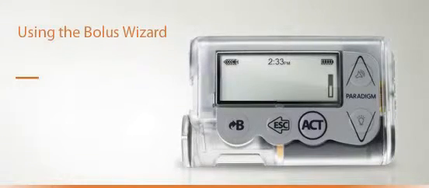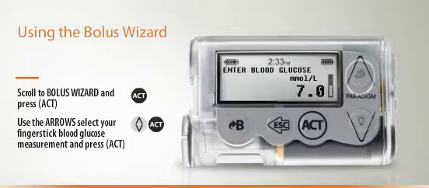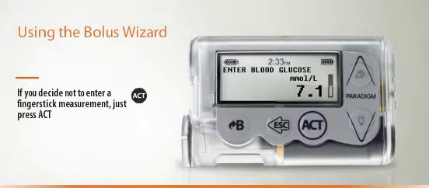To use the Bolus Wizard to administer a bolus, scroll to Bolus Wizard and press Act. Use the up and down arrows to select your finger stick blood glucose measurement, then press Act again. If you decide not to enter a finger stick measurement, just press Act.